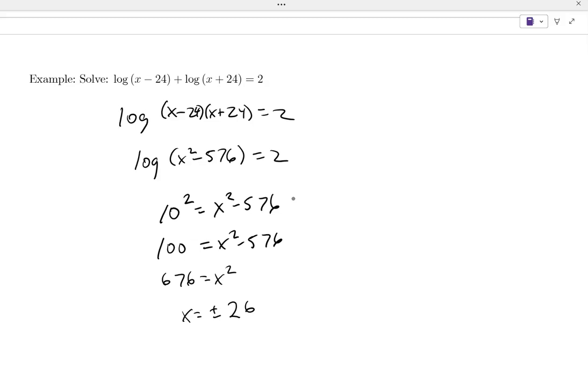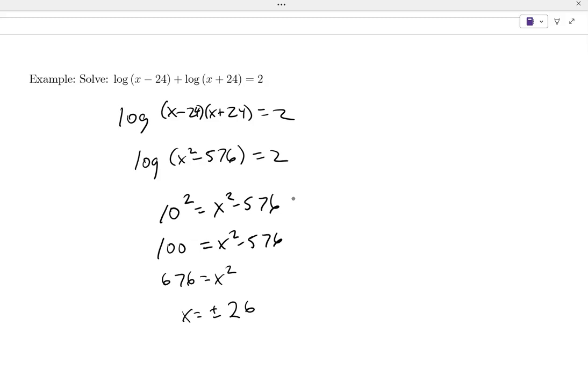We're not done. This is what I mentioned before. When you do these log equations, especially when you're combining things, you might get what are referred to as extraneous solutions. The reason why is, what was our first step again? We combined them into a single log through multiplication, correct?